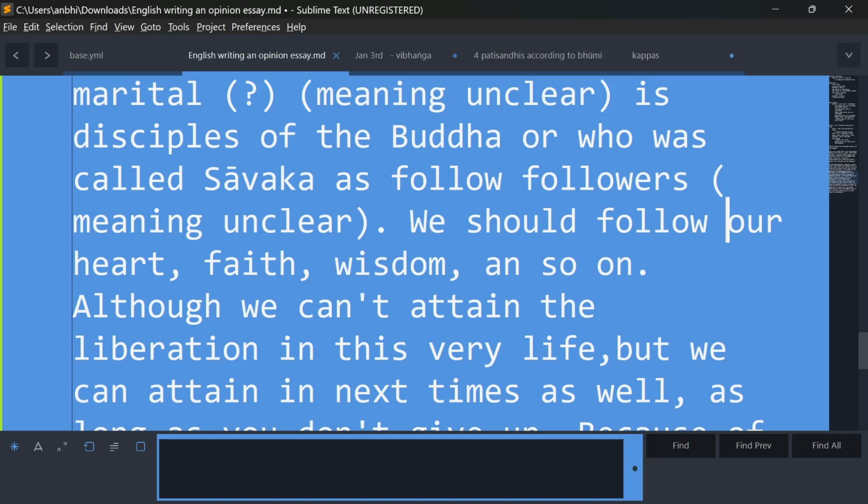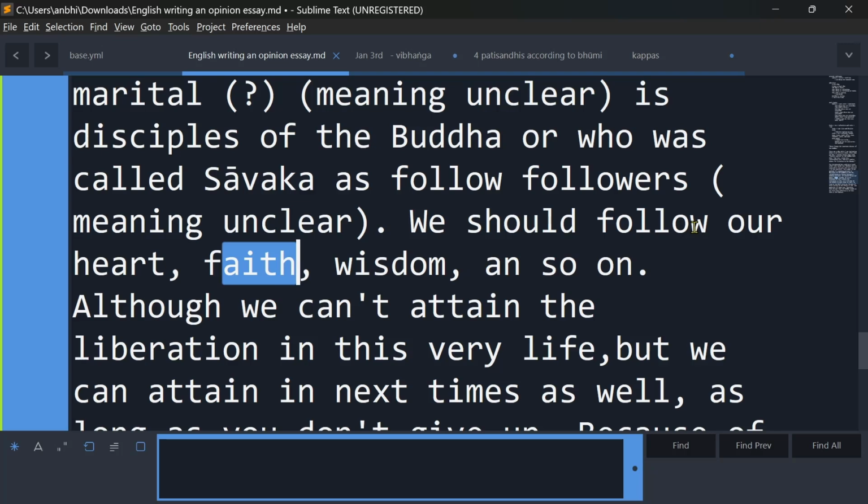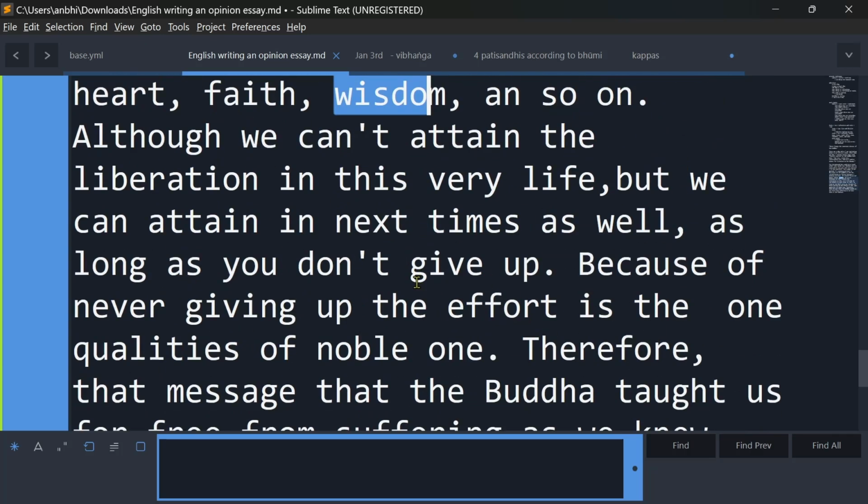People who follow the heart do what they really want to do, for example. So here, we should follow our heart, faith. If you have "our heart" and then "faith," then this "our" kind of applies to faith, our wisdom, and so on. It's okay, no?